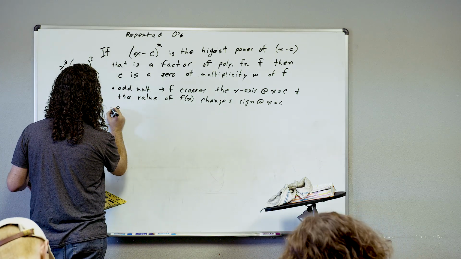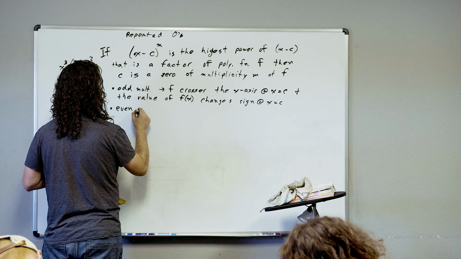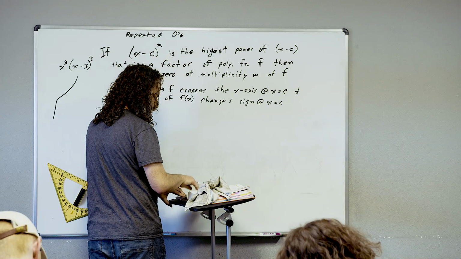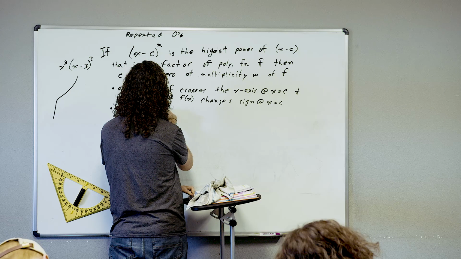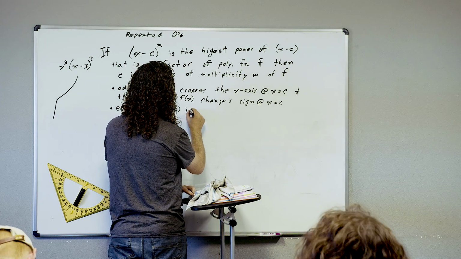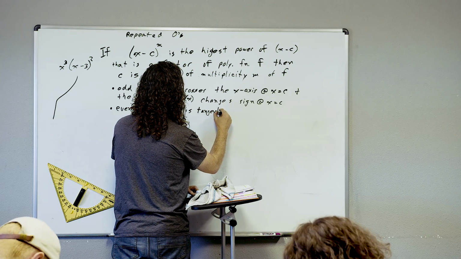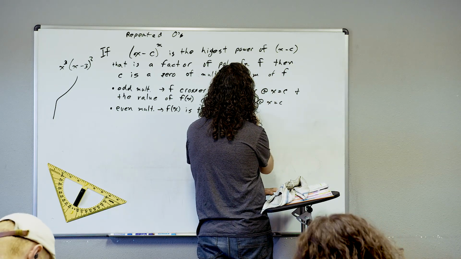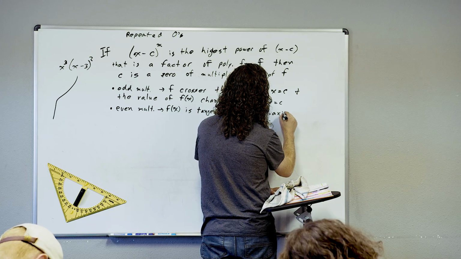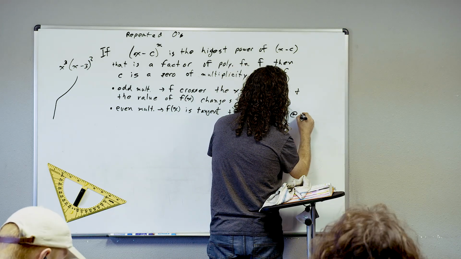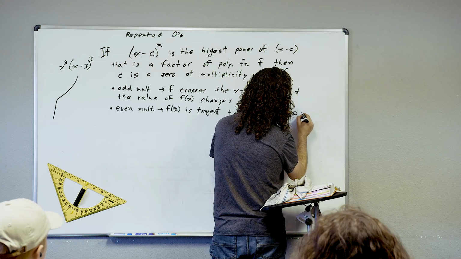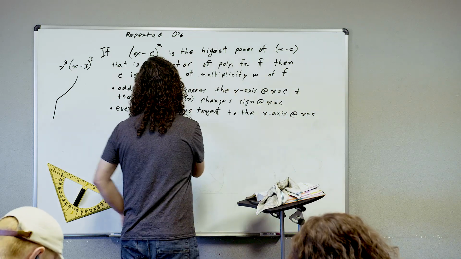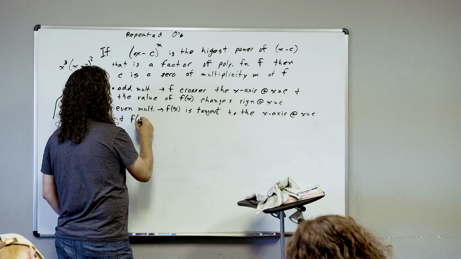If it has an even multiplicity, we saw that, then f of x is tangent to the x-axis at x equals c, and f of x does not change signs.